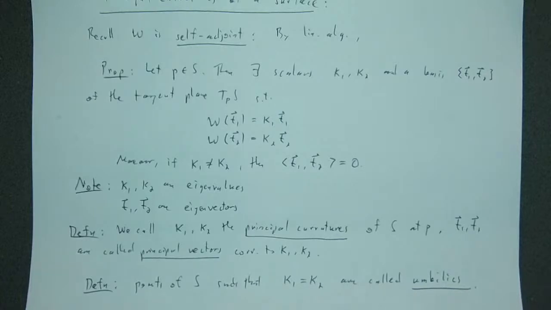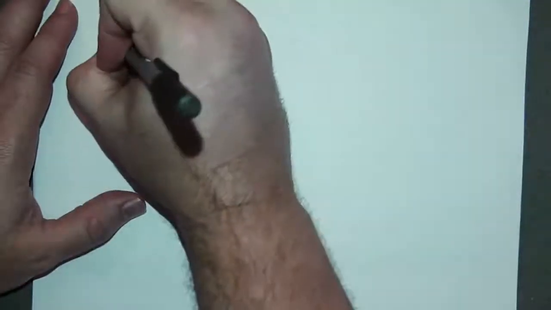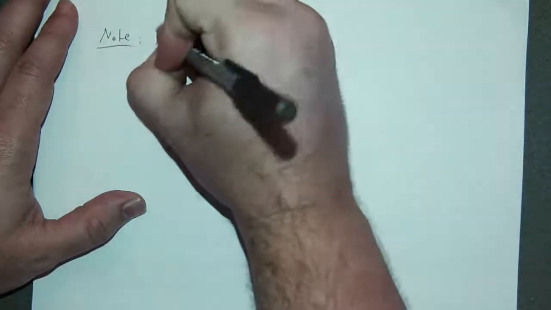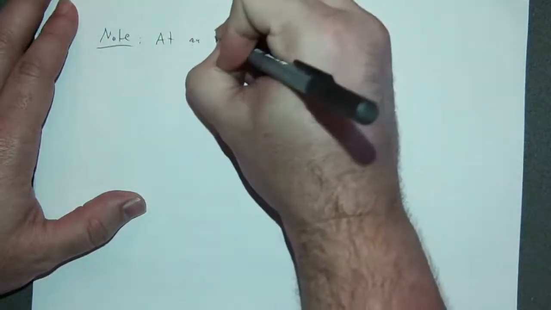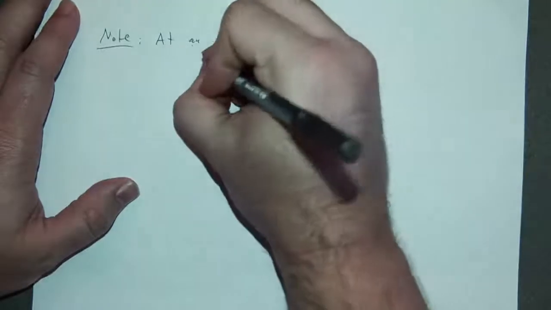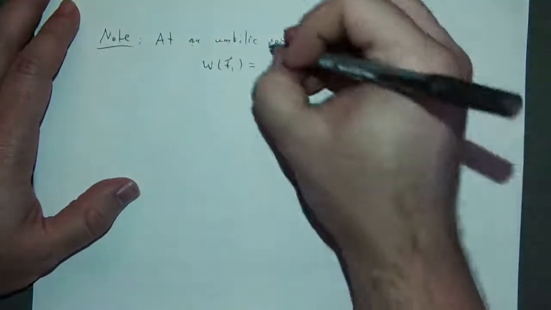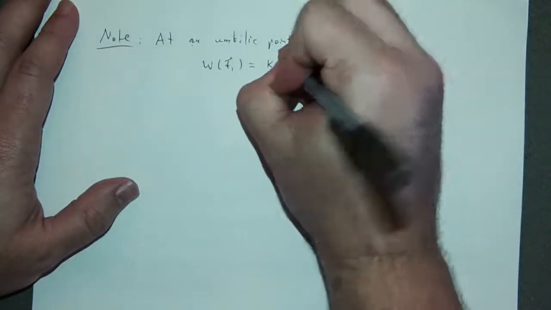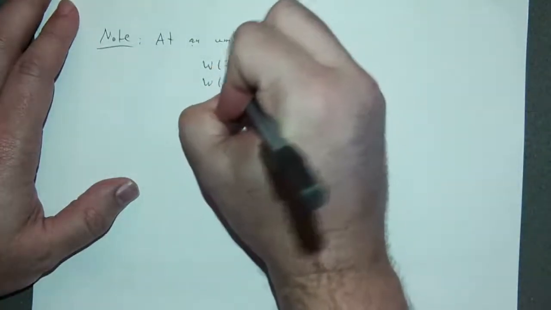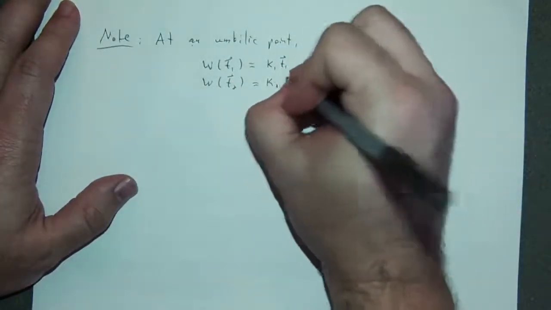Okay, and we have a quick characterization of umbilics, just abusing linear algebra here in a second. So note, at an umbilic point, the Weingarten map applied to T1 is kappa sub 1 T1. The Weingarten map applied to T2 is kappa sub 2 T2.